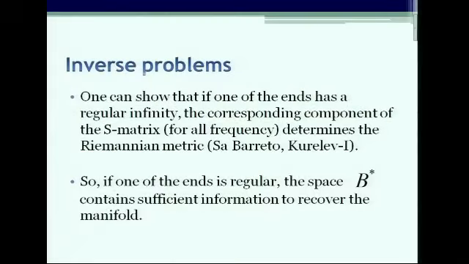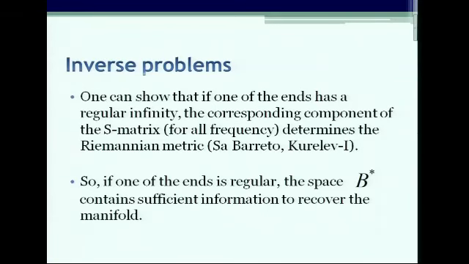And although B star is the smallest space for the Helmholtz equation, this solution contains sufficient knowledge to determine the whole manifold. So let us consider the case of the regular infinity. You send a physical wave from here, and you look at the reflected wave here. This gives you the component of the S matrix in this end.